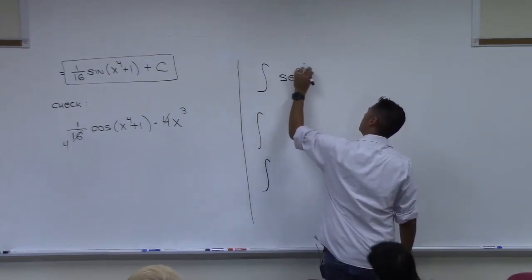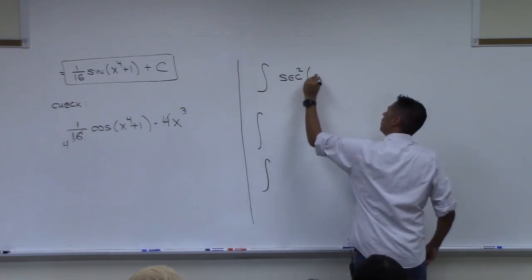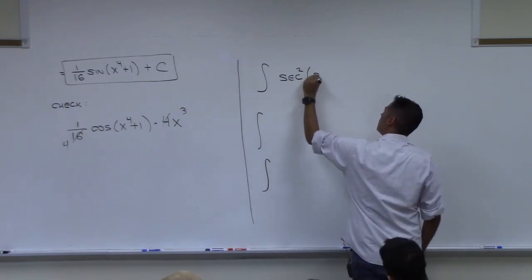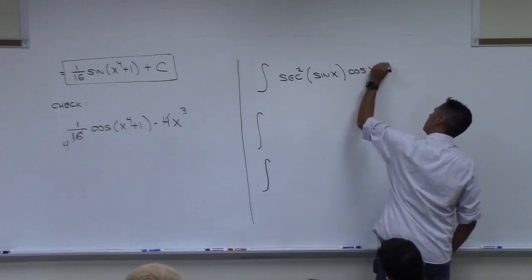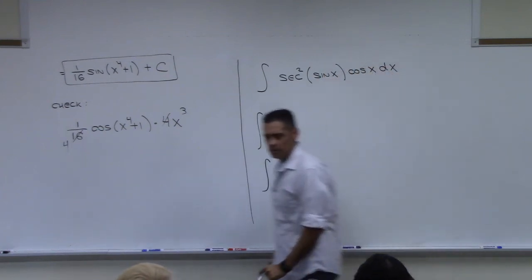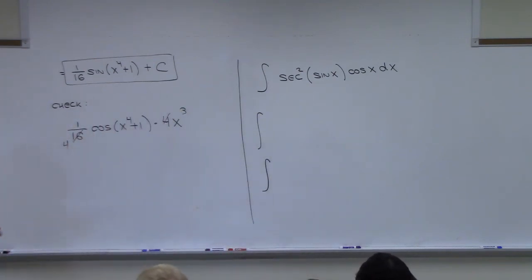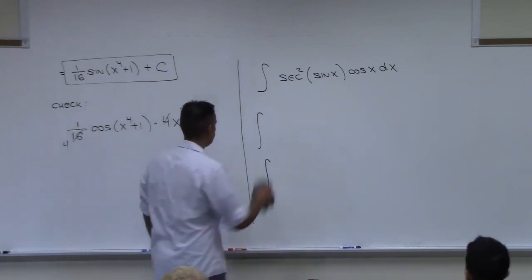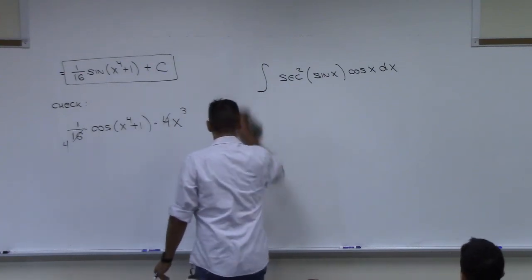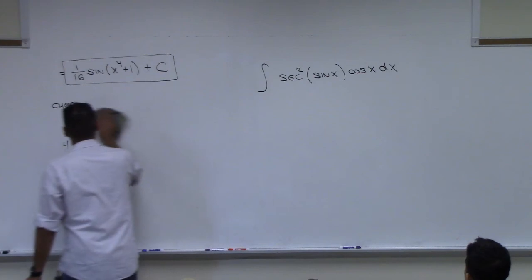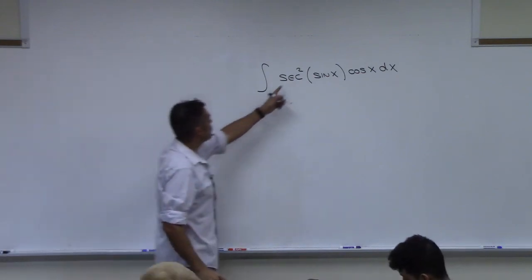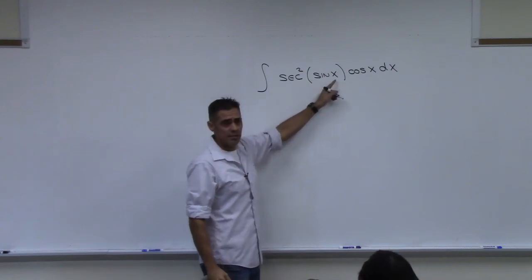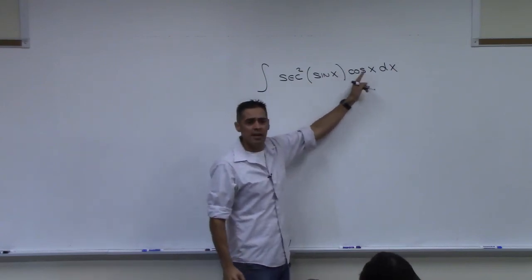Secant squared of sine x cosine x dx. Secant squared of sine x times cosine x dx.